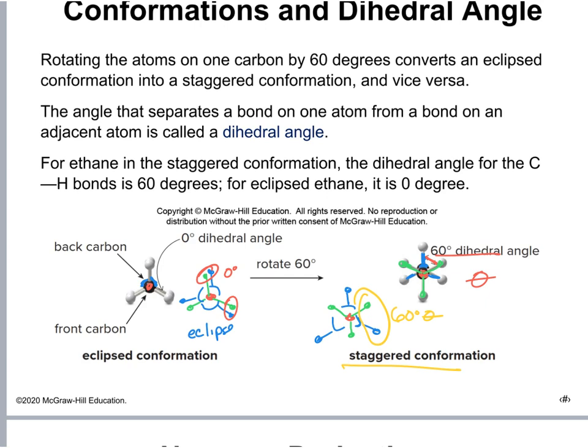So when you're drawing these, you can just get used to drawing like this. You either have the eclipsed, it's almost like a Mercedes sign. Okay, that's eclipsed. This is the framework, or staggered.